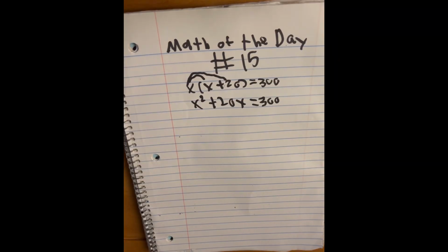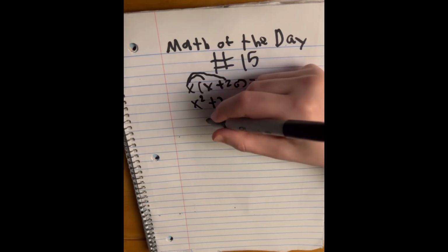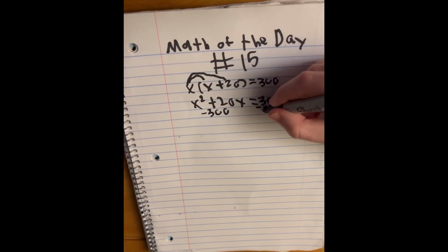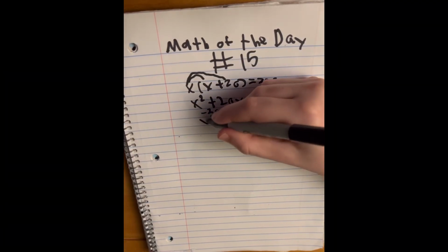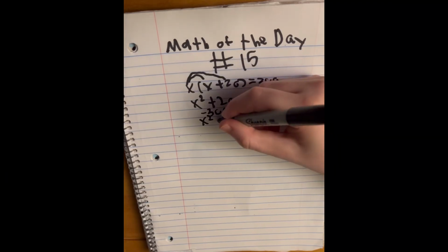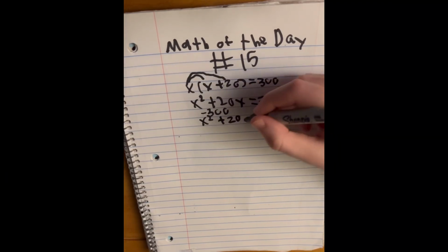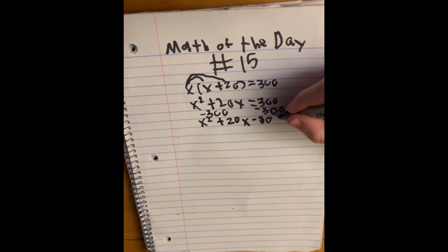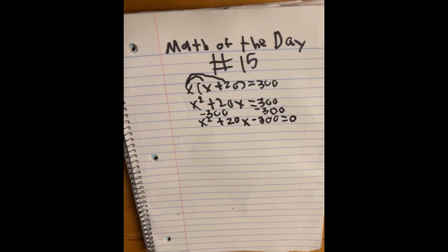After this, our next step is to get one side to equal 0, which means we have to subtract 300 on each side, giving us x squared plus 20x minus 300 equals 0.